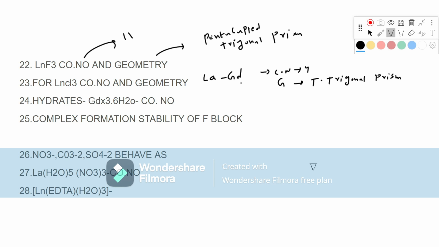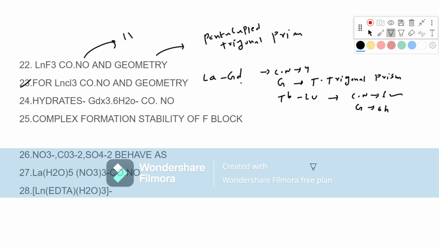Next, if the element is from terbium to lutetium, then coordination number is 6, and geometry is octahedral. Because size is decreasing, coordination number is also decreasing. Very important. Next, hydrates.